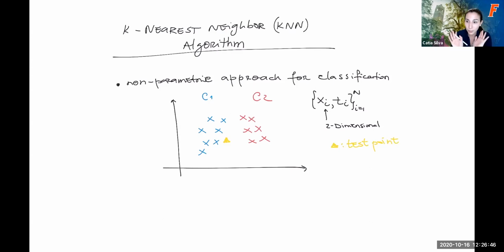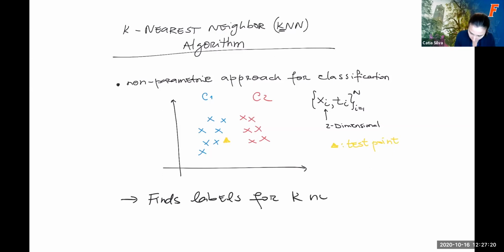It's going to look around at neighbors and decide the label for the test point based on the label for the neighbors. In particular, the K in KNN is the number of neighbors that point is going to be looking around. So it finds the labels for the K neighbors.